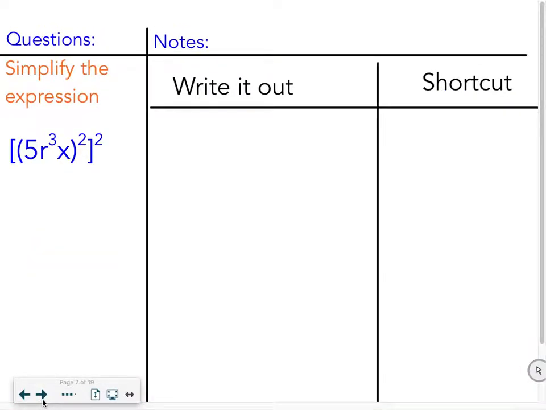Okay, now we have 2 outside exponents for this one. So we have this 2 right here, and then we have this other 2 on the outside of that one. So what that means is we are going to look at the very outside 2 first. So this means that I have to write 5r to the third x squared twice.